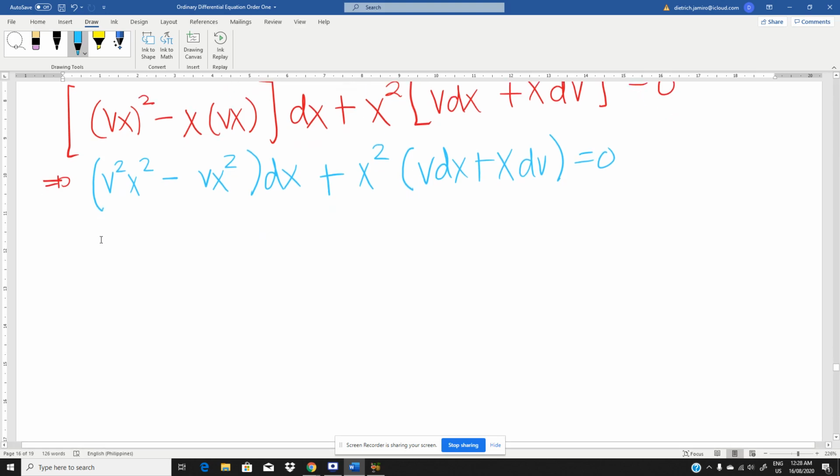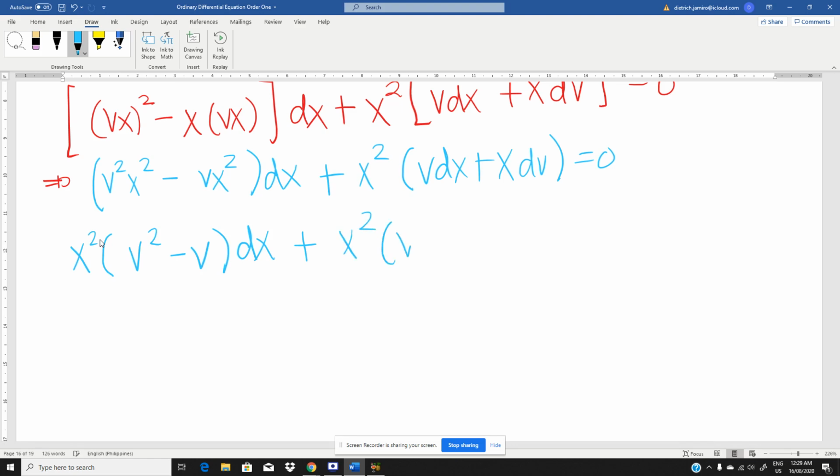As you can see on our first term, in our dx, we can factor x² out. So we will have x²(v² − v) dx + x²(v dx + x dv) = 0.